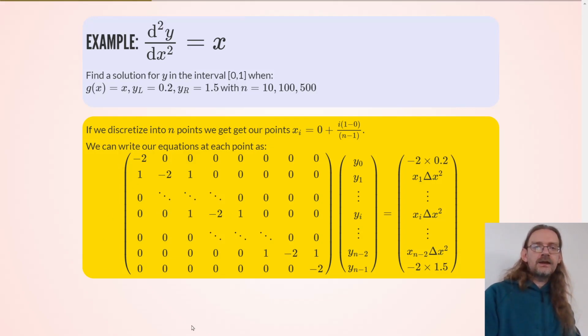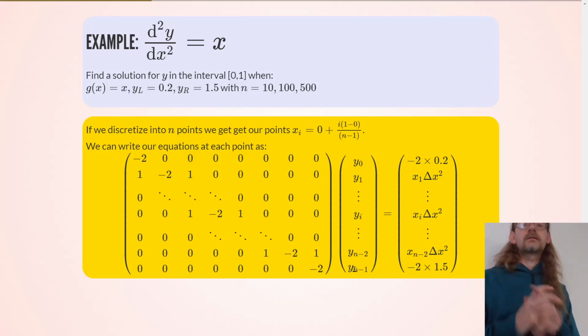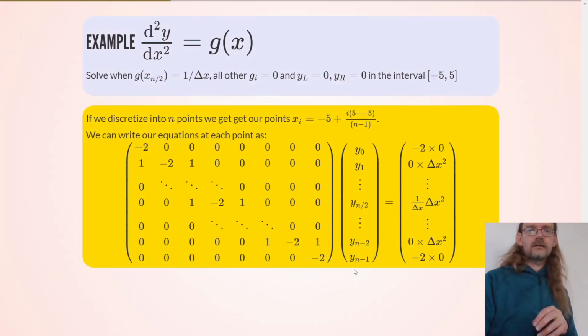So I can set up this matrix here, I can set up that column vector there, I can put it into my Gaussian elimination solver or use the NumPy solver or whatever solver you want to use, and the solution will be, if you haven't made a pig's ear of it, that y vector. So there you go.